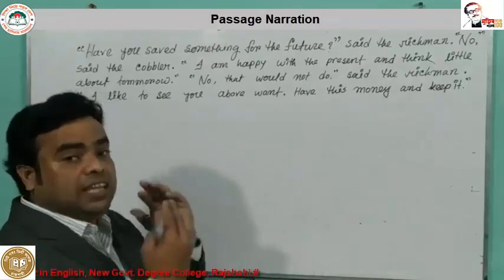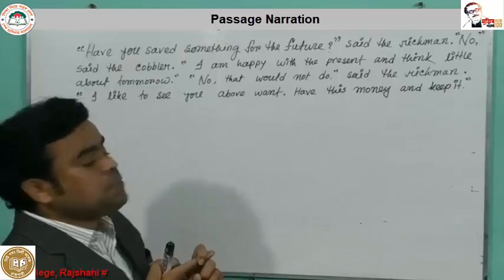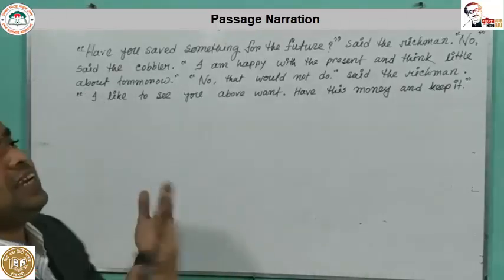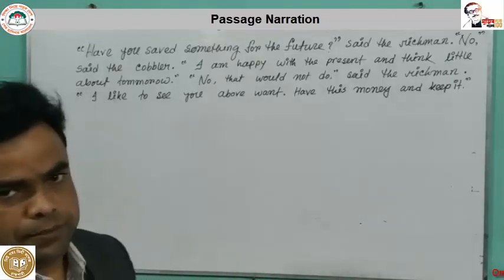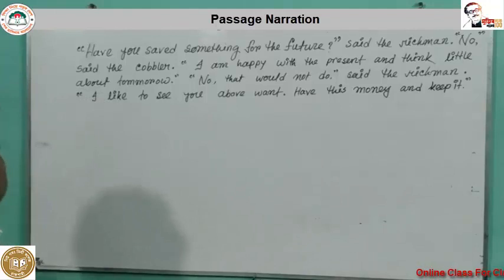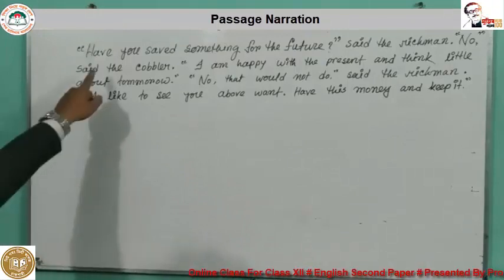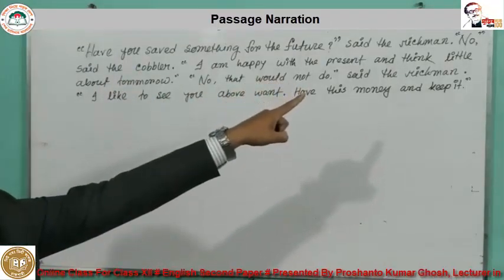That means in this passage we have got two persons. One is the rich man and another is the cobbler. And the passage is the speech between the rich man and the cobbler. So now I am going to change the passage from direct to indirect. Here you can see the speaker is the rich man and the listener is the cobbler.